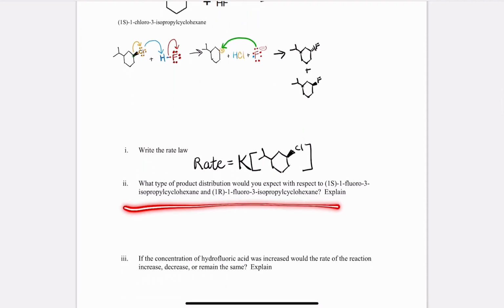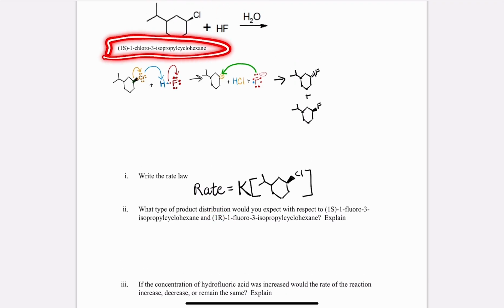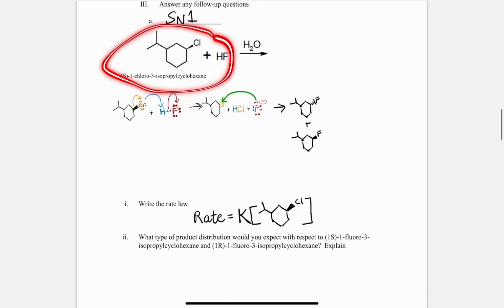Now this question, what type of product distribution would you expect with respect to the 1S and 1R? So we see here in the name, she gives us the name of what we started with.